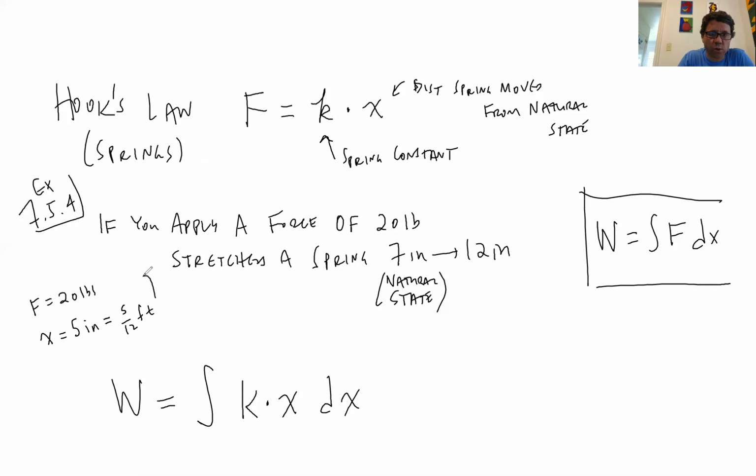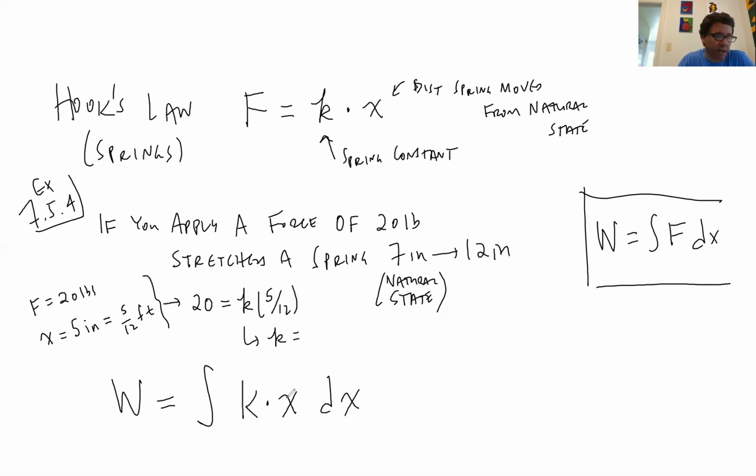If you put those two things together, the spring is governed by the fact that 20, which is the force, is equal to the spring constant times the distance that you stretched it, which is 5/12 feet. So we can figure out the spring constant for this particular spring.